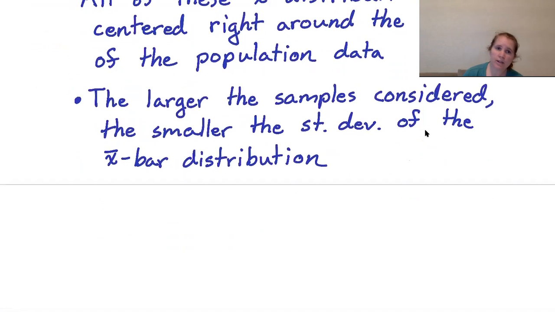And then for shape, the larger the samples considered, the closer the distribution got to being normal.